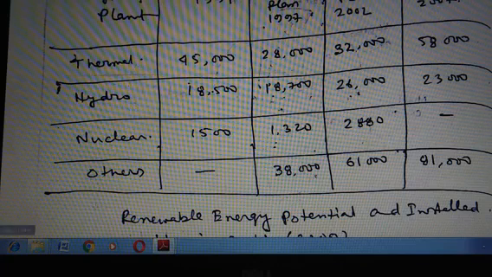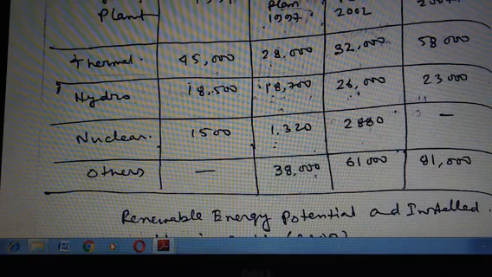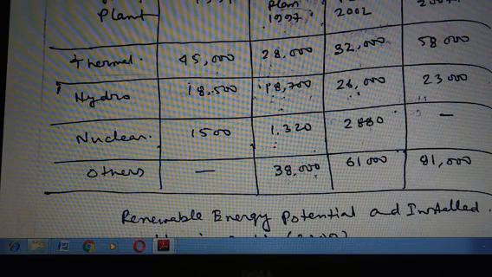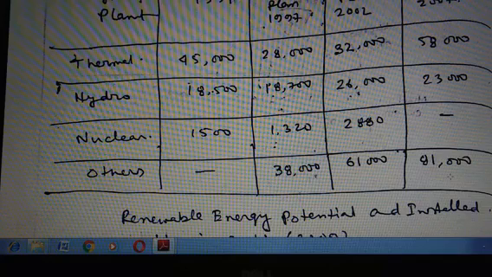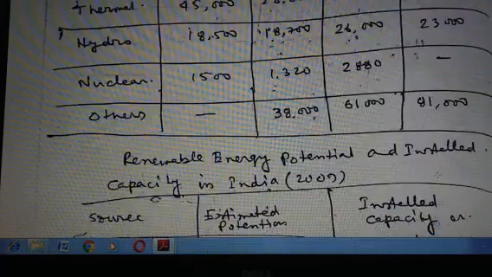For other sources of energy like natural gas, in the 8th plan, that is 1997, the total generated power is 38,000 megawatt. In 2002 the power generated by other sources is 61,000 megawatt, and in the 10th plan the power generated by other sources is 81,000 megawatt.